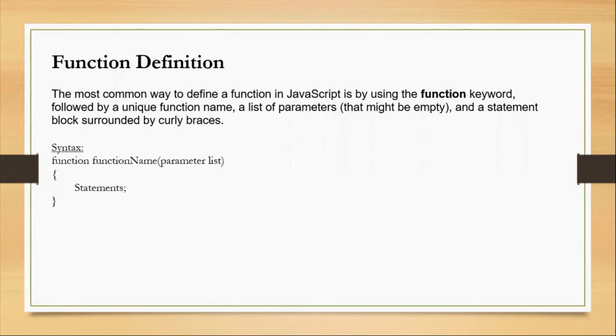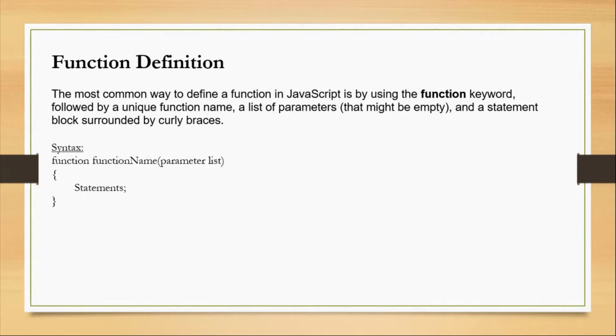It is not always mandatory to have a parameter list; it depends on the requirement of the program. Then we have two curly braces inside which we write the lines of code which we need again and again in a program. So this is how your function looks.